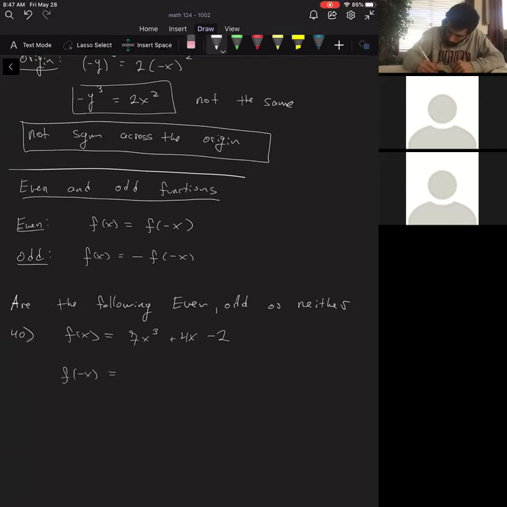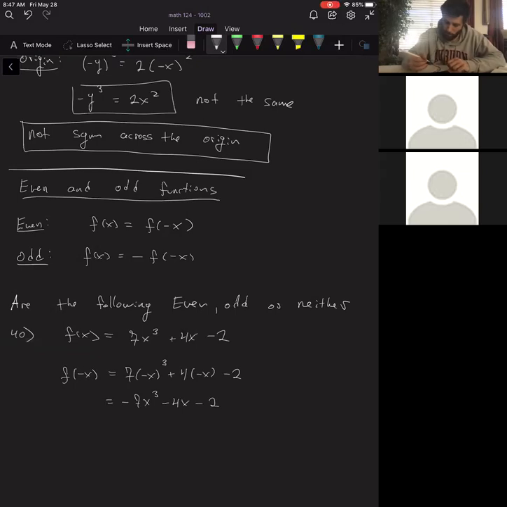So f of minus x is going to be 7 times minus x cubed plus 4 times minus x minus 2. So here we're keeping a negative, so the minus sign stays. So we have minus 7x cubed, minus 4x, minus 2.